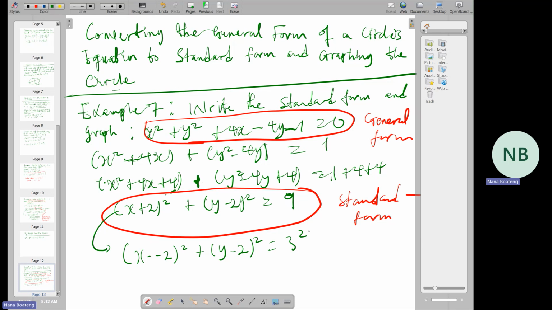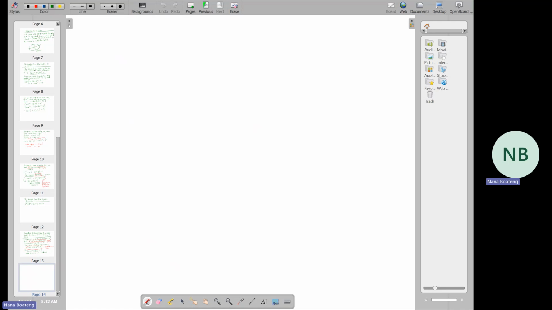So from here we know that the center (h, k) is negative 2 and positive 2, and the radius is 3. So we know the center, we know the radius, so we can graph this circle. Okay, let's graph this circle now.